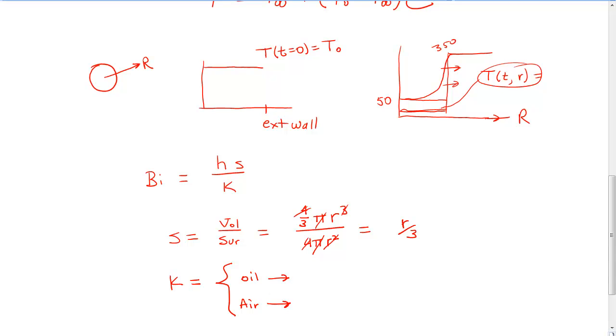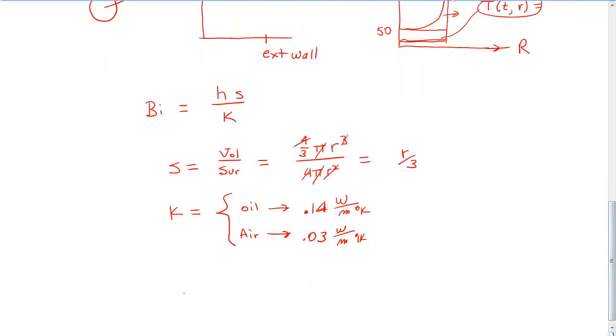For oil, this is not accurate, you might want to get a better value than this, but I got about 0.14 watt per meter degree K. For air, roughly 0.03 watt per meter degree K. Now the h value.